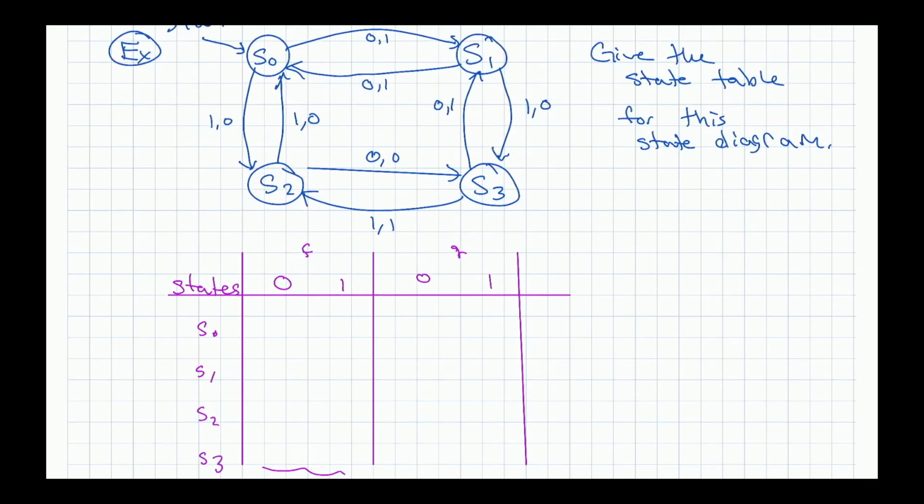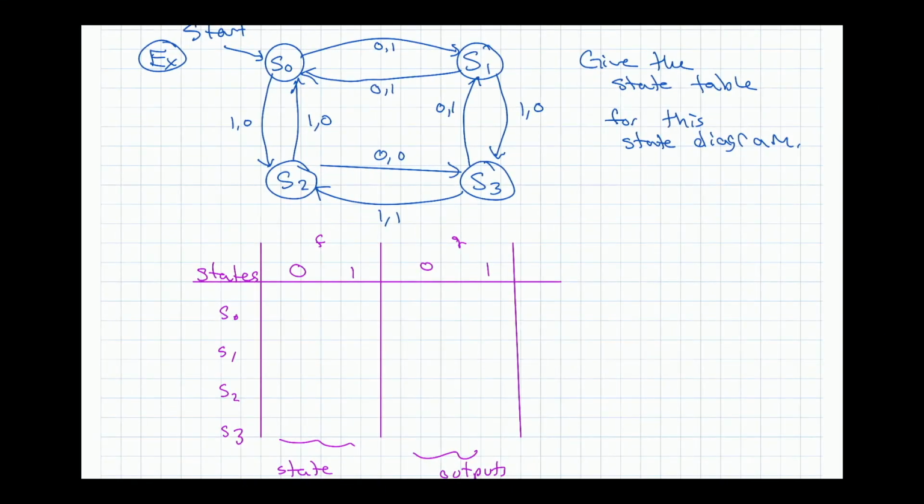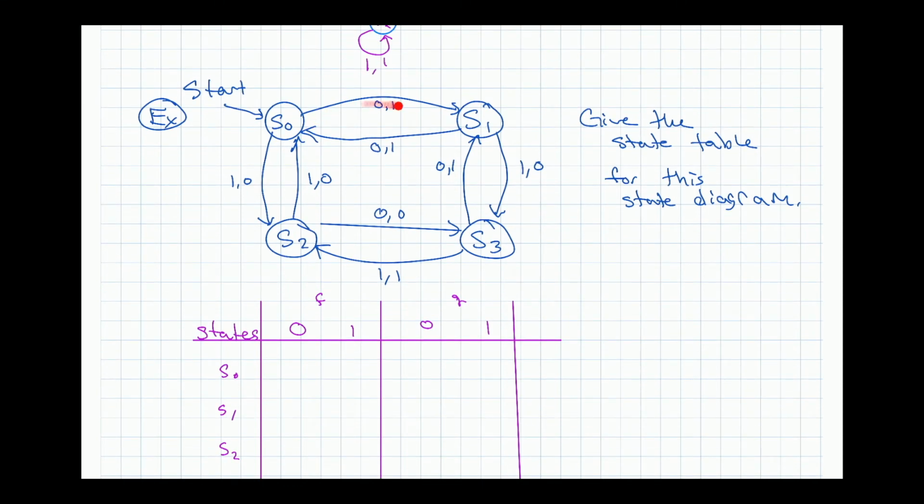Okay, so you just start filling out this table wherever you want. I mean, you should probably start at the beginning. Let me get a different color here. Light blue. Okay, so for example, this top line right here says you go from S0 to S1 if the input is 0.